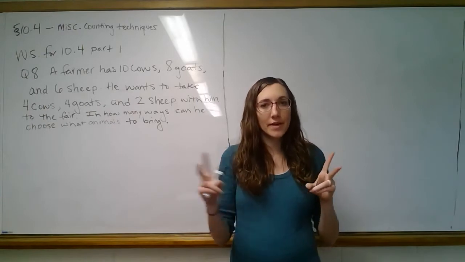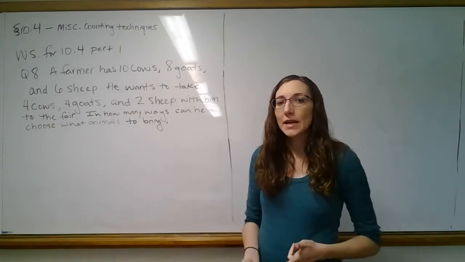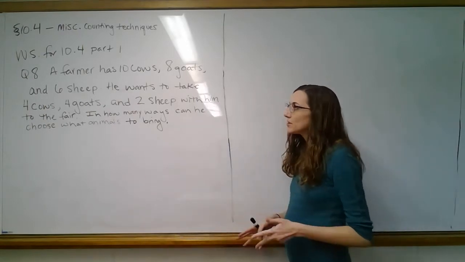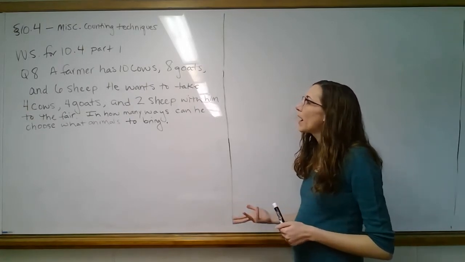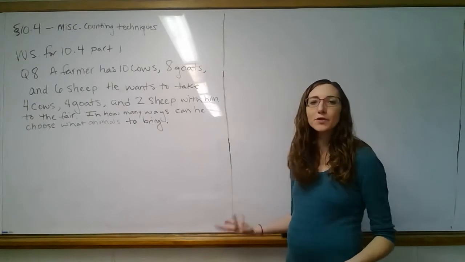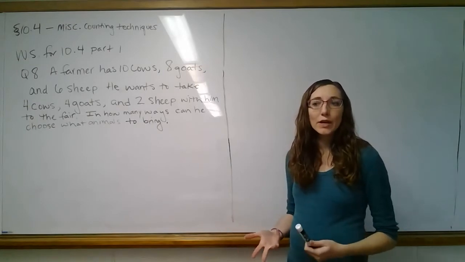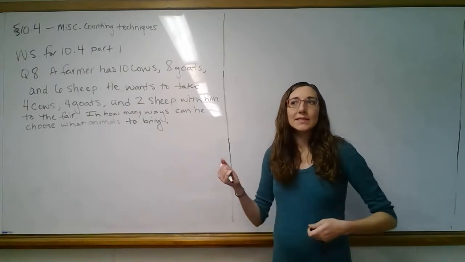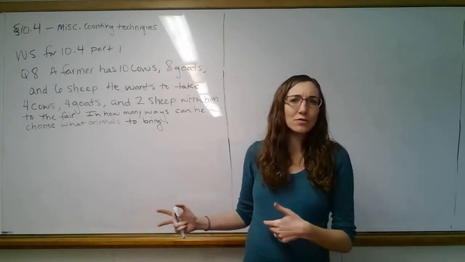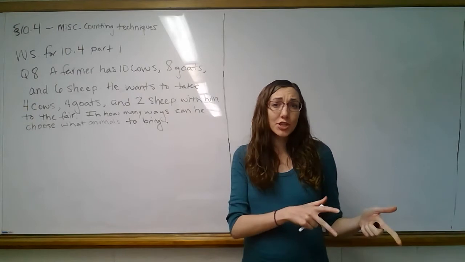So I want to start to think about breaking this question down and thinking about how many events are there. Can I break this problem down into multiple events or multiple pieces? Well, I really have to start at least with breaking it down into the different types of animals, because he has to separately pick cows, then from goats, then from sheep.